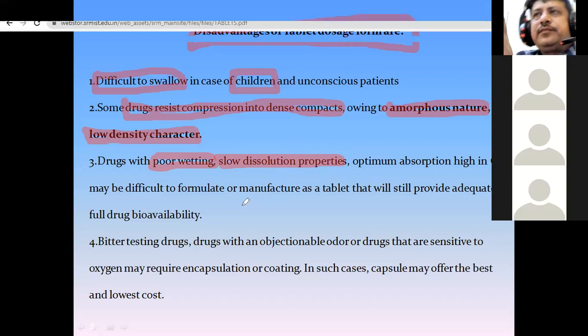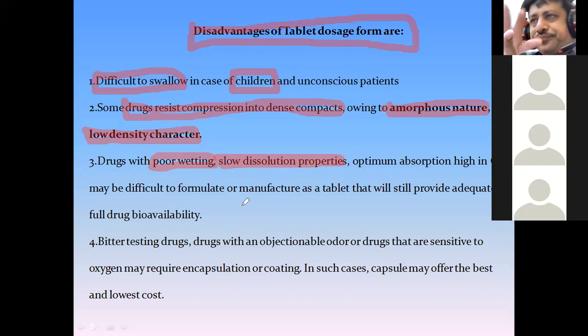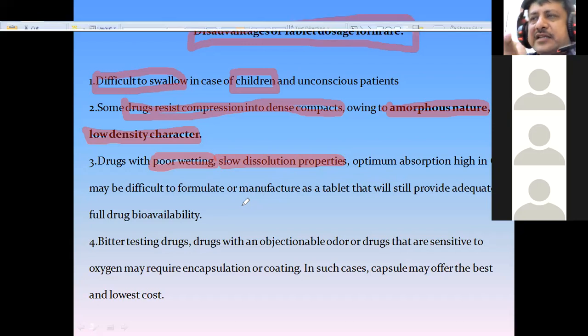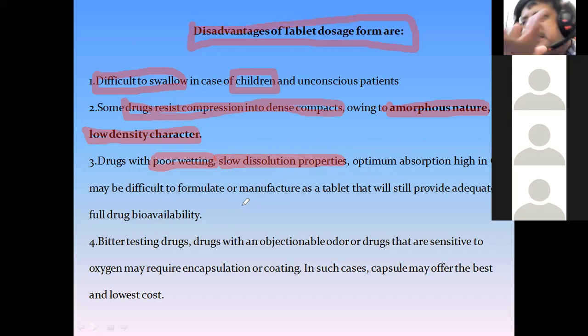So even though if the drug is having less wettability, it means it is having less aqueous solubility, but if it is having less aqueous solubility, there are more chances that it is going to be easily permeable to the cell membrane. So even though it will be giving you full drug availability, one of the major prerequisites when a drug is given in the form of tablet dosage form is that firstly it has to disintegrate, then later on it has to go into a solution form, and for that it has to undergo dissolution.